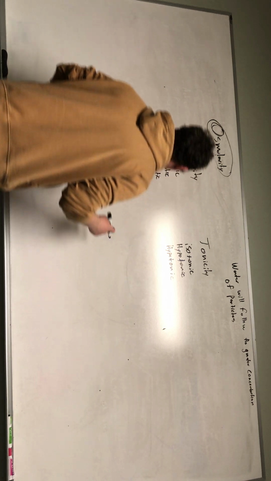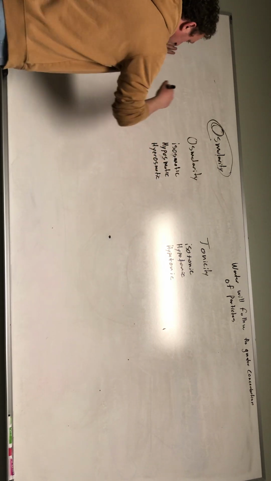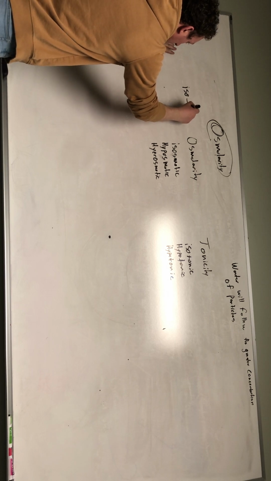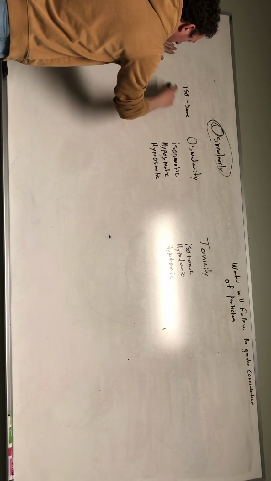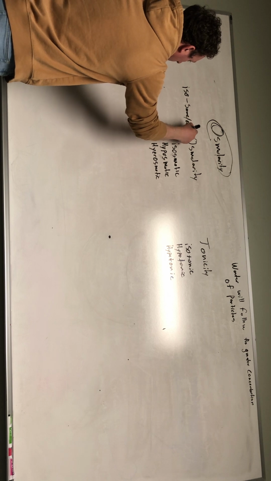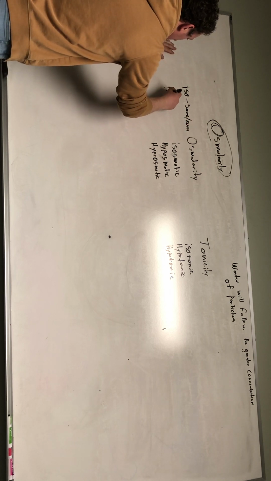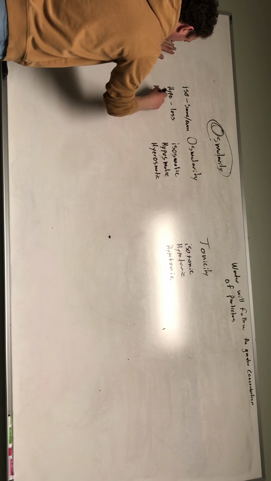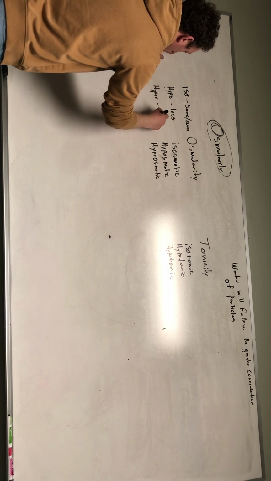Okay. And basically, to understand this, here is how I think about it. Iso is going to be the same, or I guess you could say like even. Hypo will be less, and hyper is going to be more.